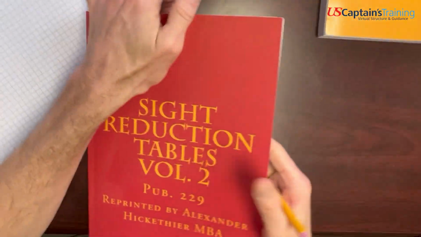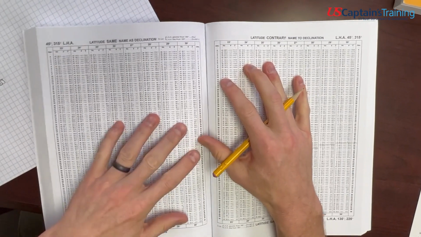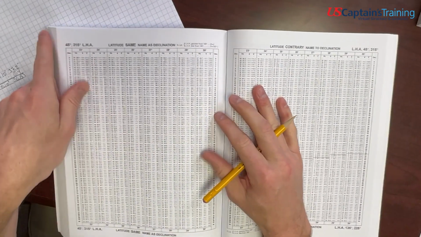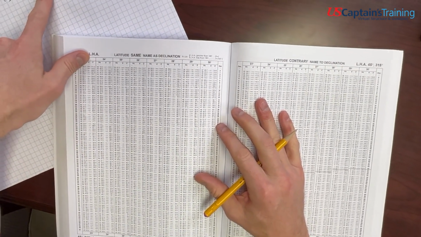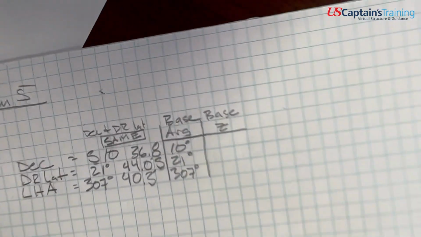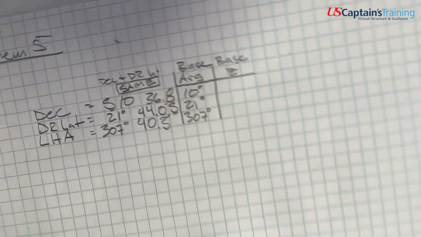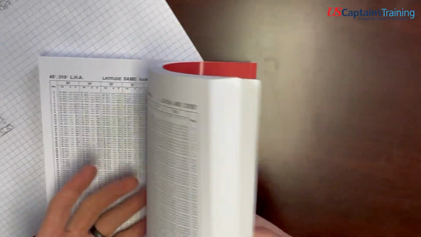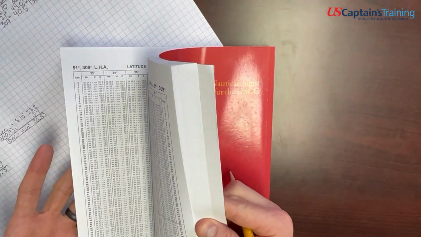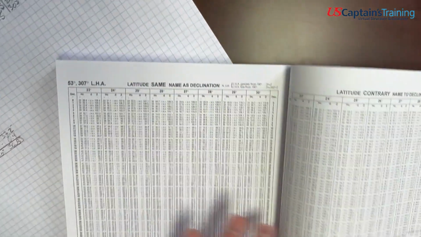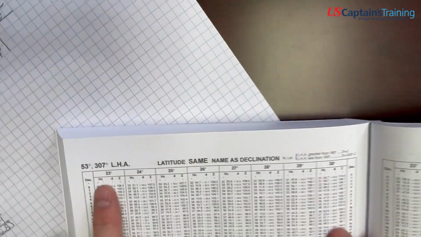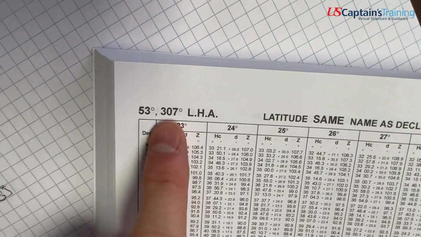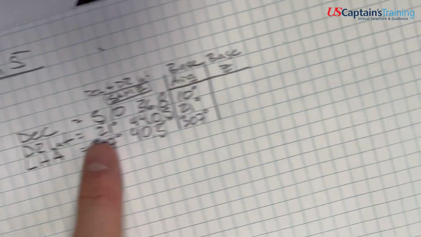All right, and we're tabulating. Okay, so what are we looking for? We need the LHA of 307. Interesting thing about this book, it's kind of split into two. So 307, right? In a latitude of 21.